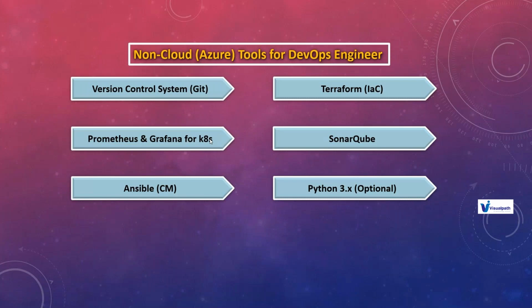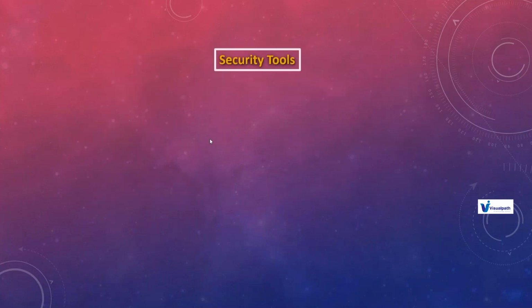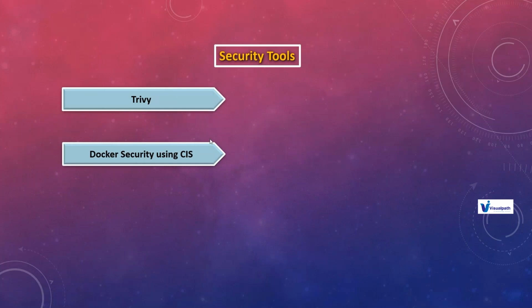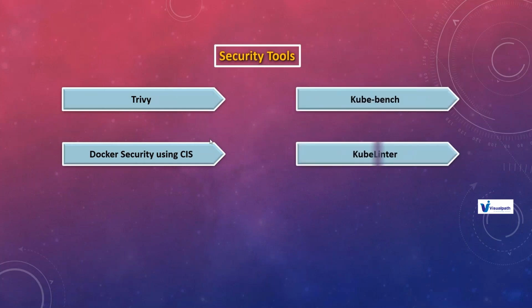Now, after completing this, security tools. I told you we have to discuss some security tools as well for DevSecOps engineers. What are those? Trivy, Docker security using CIS benchmarking, Kube-bench, and then Kube-linter. These are the most widely used security tools for Docker and Kubernetes. We'll be concentrating on these as part of security.